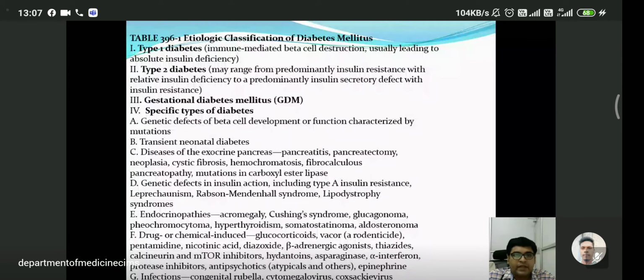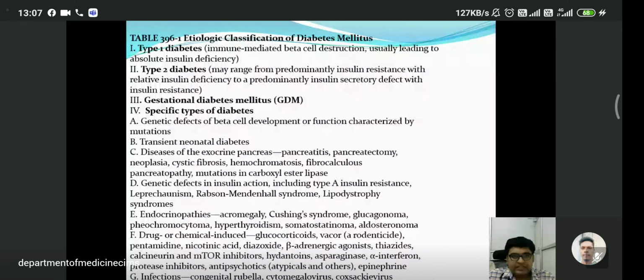These may range from predominantly insulin resistance with relative insulin deficiency to predominantly an insulin secretory defect with insulin resistance. Means in type 2 diabetes, there is some amount of insulin resistance. The insulin amount may be adequate, but it is usually resistant. We will discuss it later in the next slide.